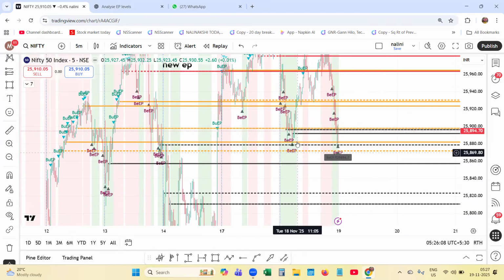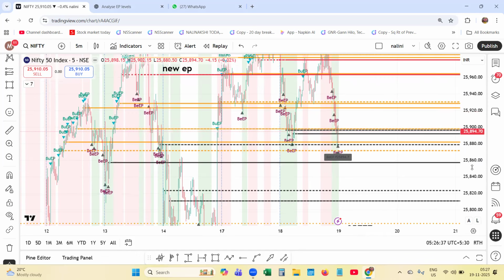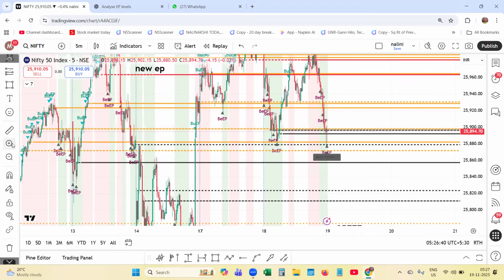You can see all these are clustered together, indicating strong support over here. The cluster is suggesting strong support because on intraday yesterday around 10:15 market took support around this area and ran up. While closing, it has closed near the bottom, 25,910. It has closed here. Let me zoom it out.